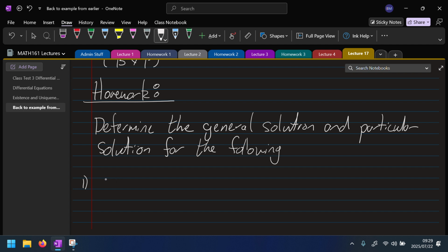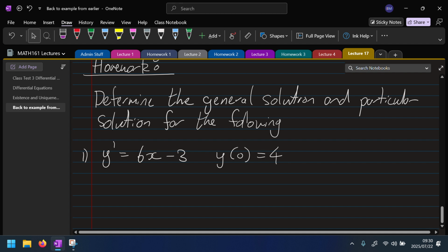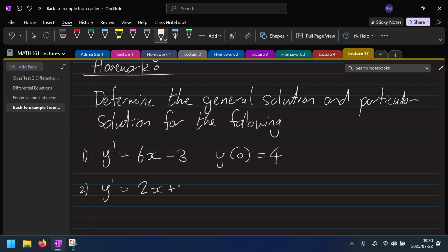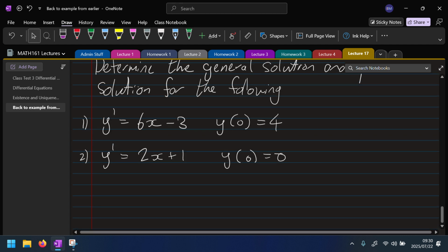Okay, number 1, y prime is equal to 6x minus 3, with y at 0 is 4. Okay. Number 2, y prime is equal to 2x plus 1, with y at 0 is 0.